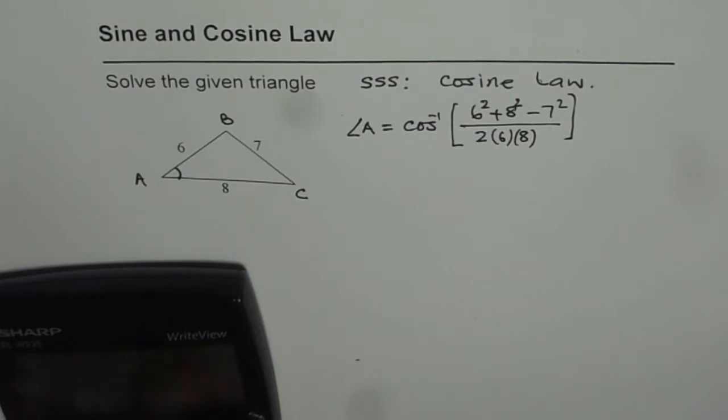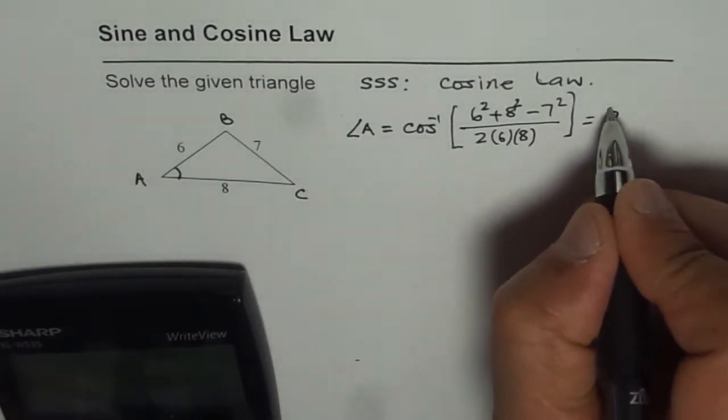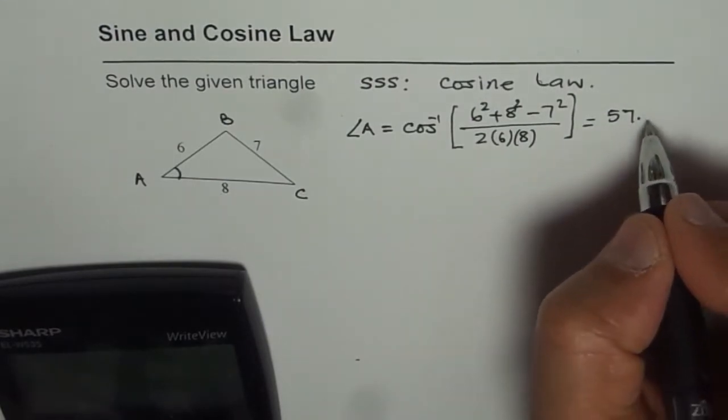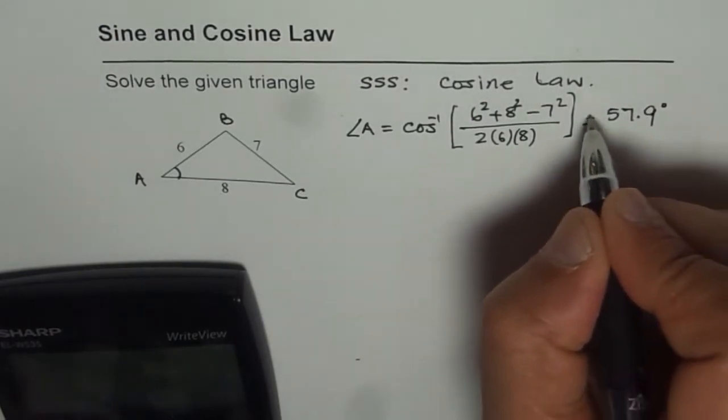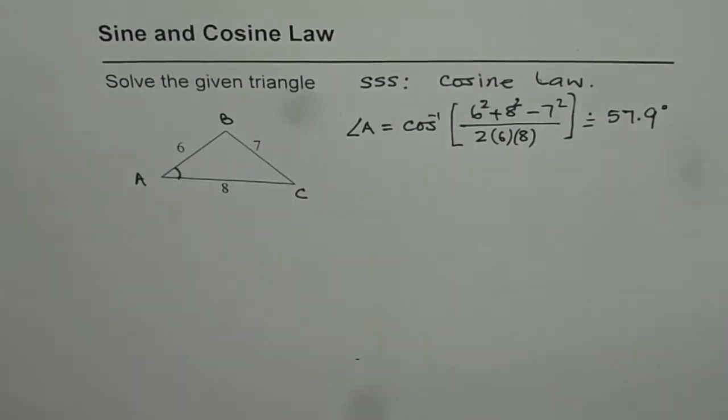So before that we have to divide. So we get divide by bracket open 2 times 6 times 8 bracket closed, and that's equal to 57.91, which I am rounding to 57.9 degrees. Okay, so that is how we can find our angle.